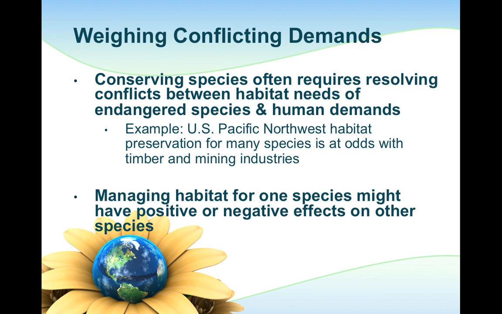The example there is the northwest of the U.S. A lot of the conservation efforts are at odds with people being able to make money via the timber and mining industries.